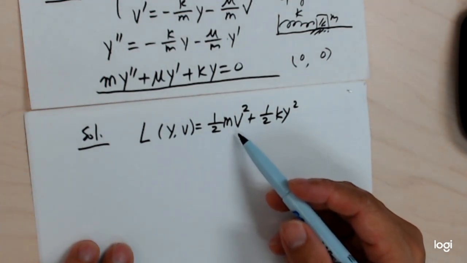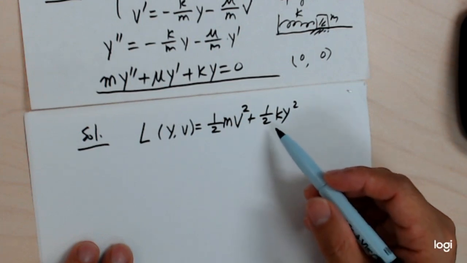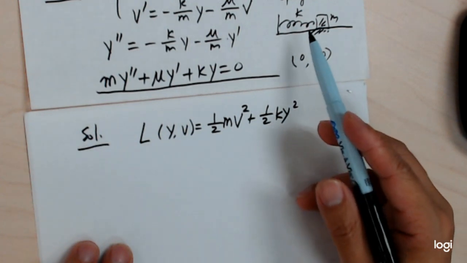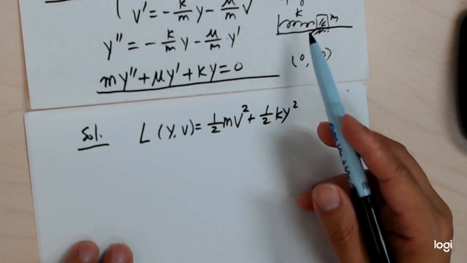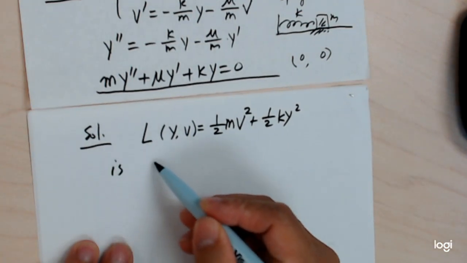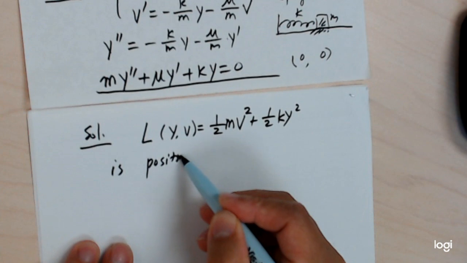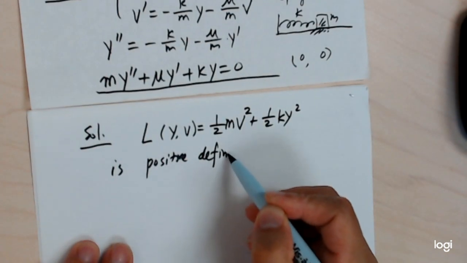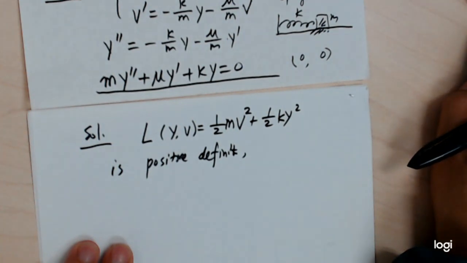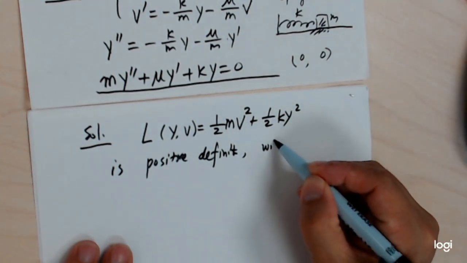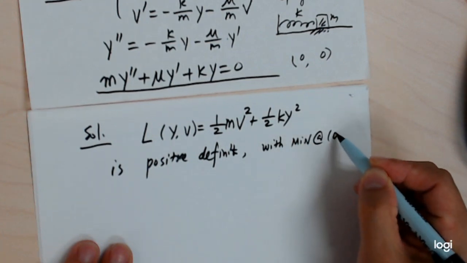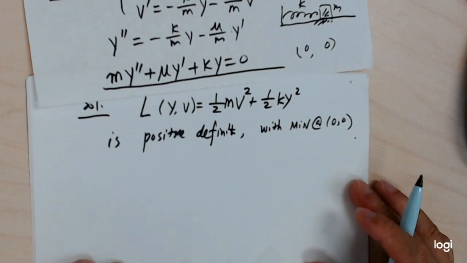This is the energy from the movement. 1/2 k y squared, that's the energy kind of stored in the spring, I guess. It's pretty trivial. This is positive definite, with a minimum at the equilibrium 0, 0. Okay, with the minimum at 0, 0.